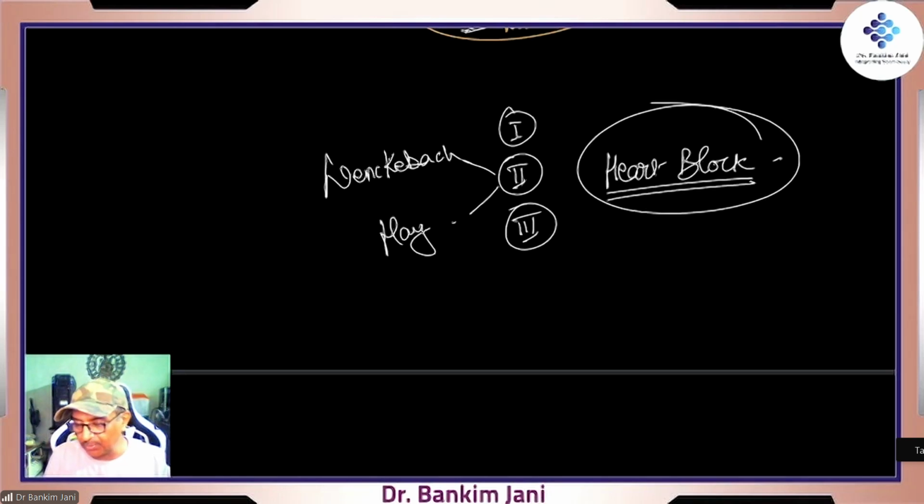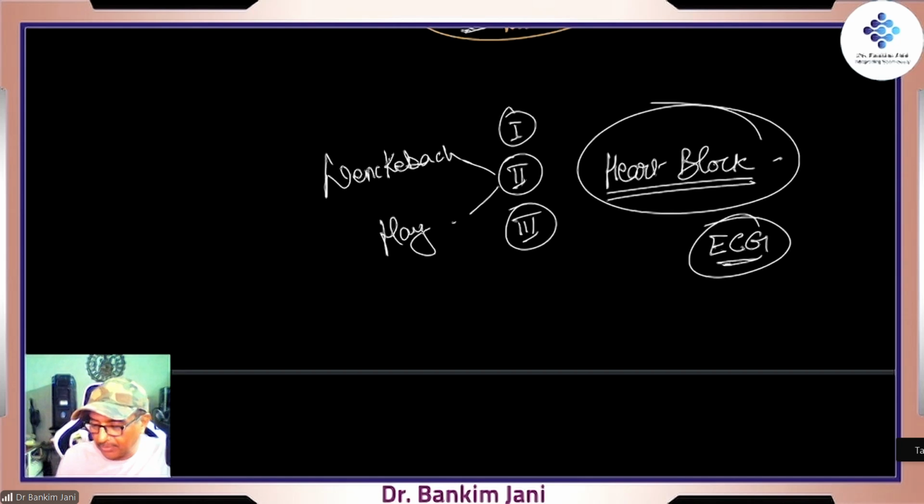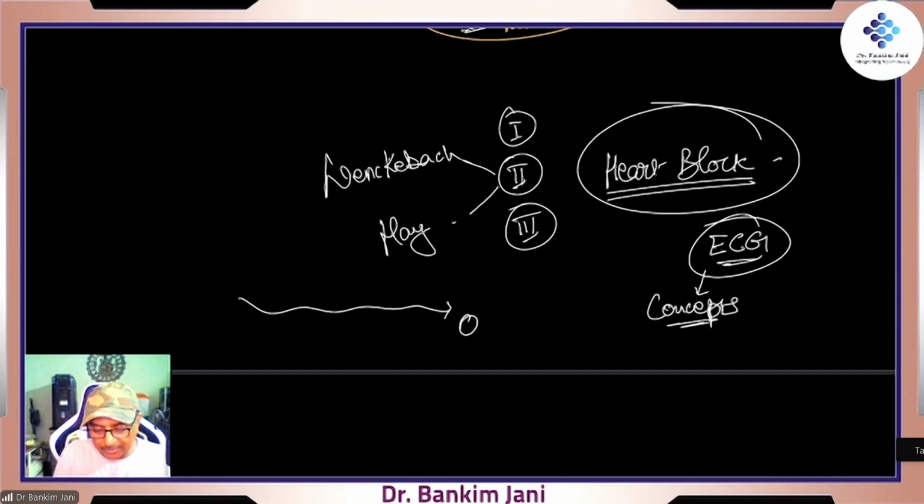But yes, in order to understand this, for those who have not really gone through the ECG part, if not much, at least go through the basic concepts of ECG. That would be sufficient. So the basic concepts of ECG: when the current comes towards the electrode, it gives a positive deflection.